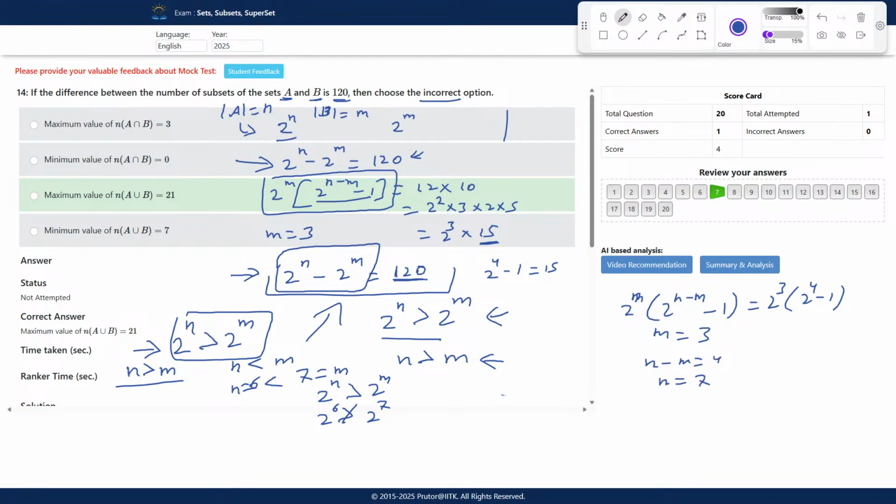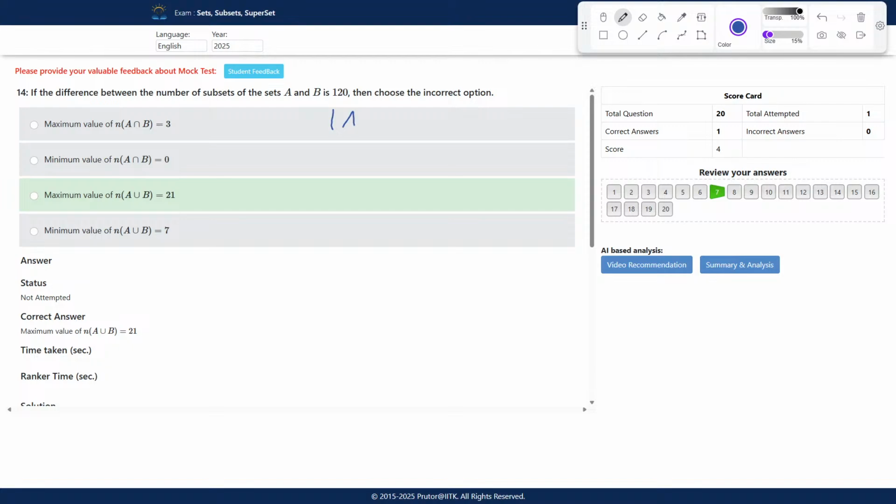So we are getting m as 3 and n as 7, meaning number of elements in set A is 7, number of elements in set B is 3. Clear? Now as we have the number of elements in A as 7 and in B just 3. Yes?